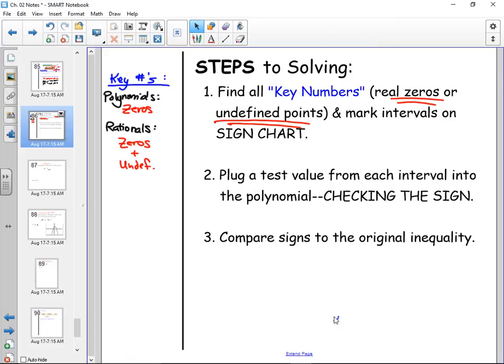So they're technically the exact same steps. I just need to make sure that you guys put down somewhere: key numbers for the polynomials, just the zeros, because it doesn't have a denominator, and key numbers for the rationals include the denominator as well.